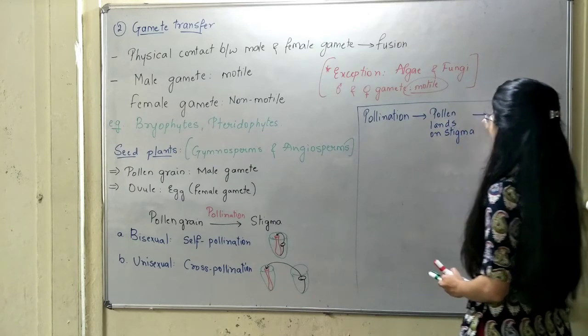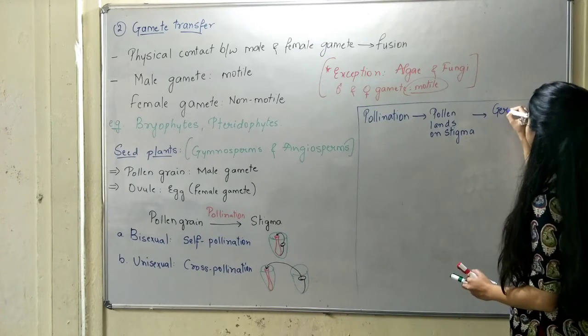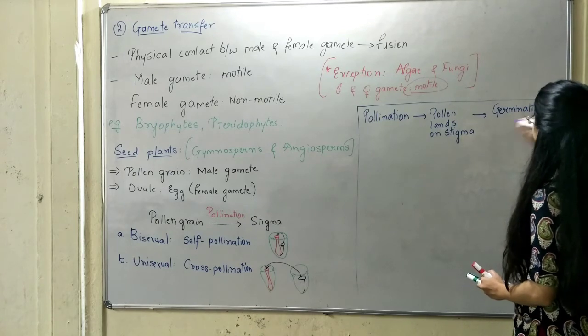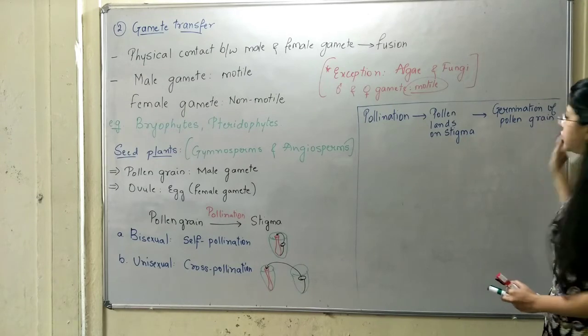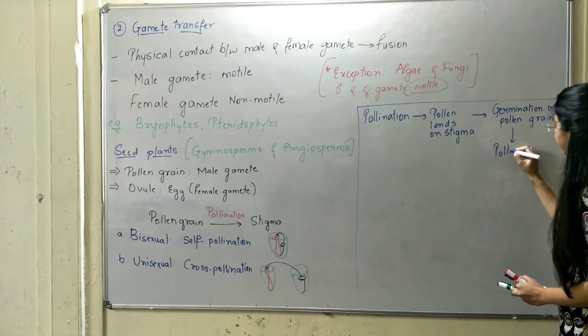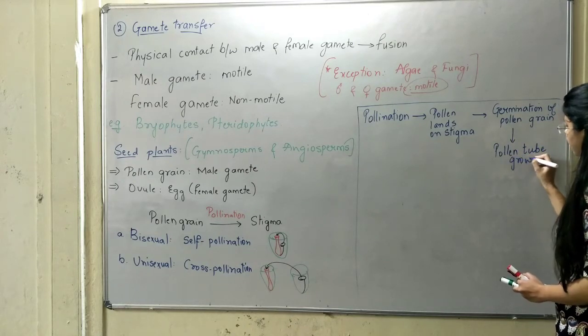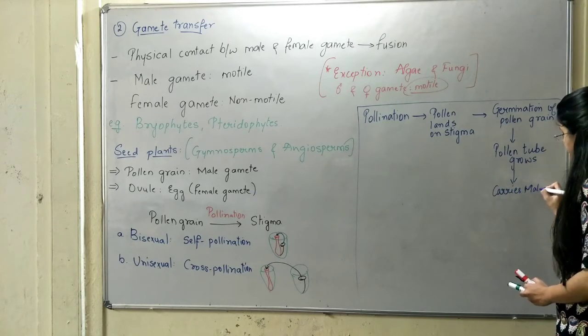After the pollen lands on the stigma, a process called germination takes place. So there will be germination of the pollen grain. As germination takes place, it results in the formation of a structure called the pollen tube. Now this pollen tube is carrying the male gamete.